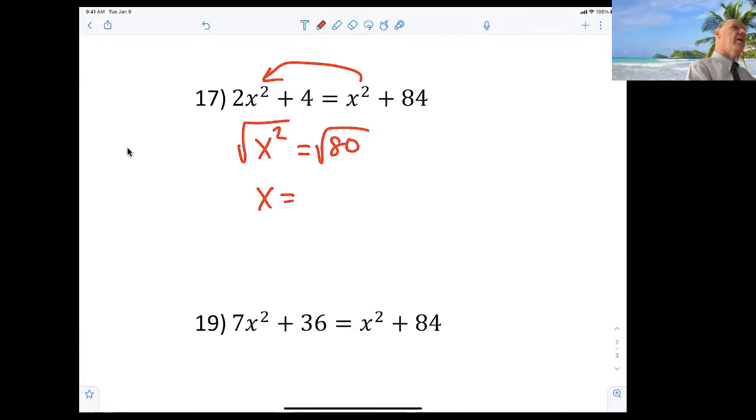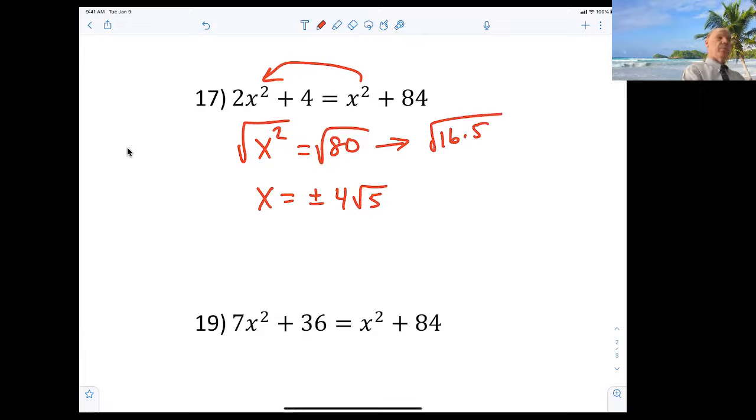Don't forget the plus or minus: plus or minus 4 radical 5. 80, remember, is 16 times 5. It's really simple, especially if you know how to break down square roots.